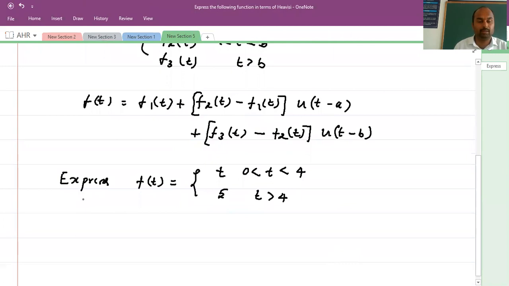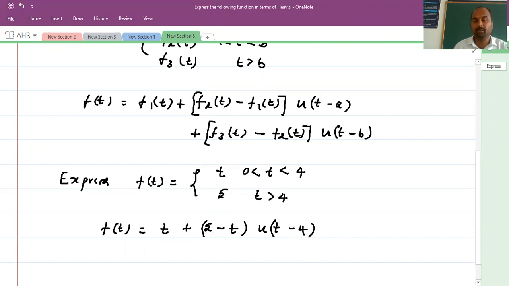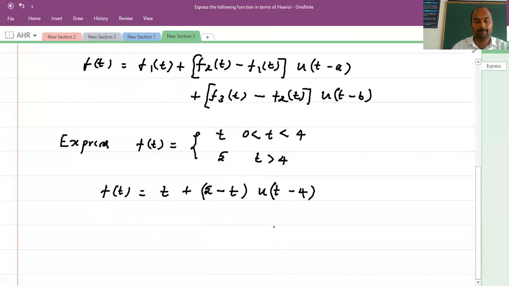So this can be written as f of t is equal to, first you write the first function, that is t, plus 5 minus t, the second one minus the first, into u of t minus 4. Now we have expressed it as a unit step function.